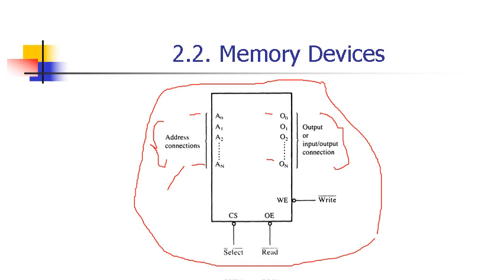And this is a memory device chip, so you have to first select this chip by providing a low signal to this pin, chip select.